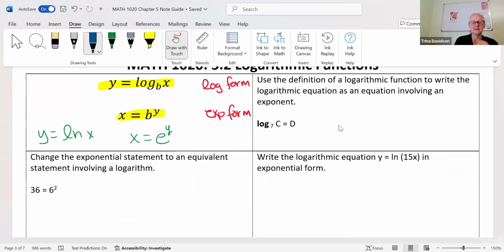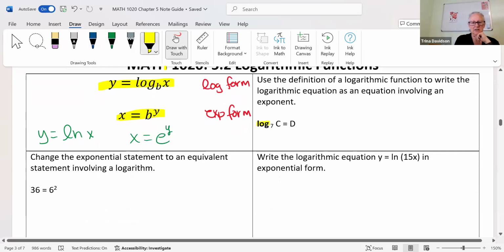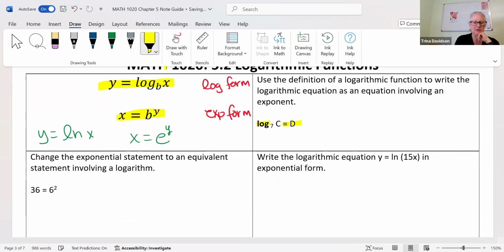We want to write this. This is a log. They want you to write it as an equation involving an exponent. The way I remember it, and you could always look up other ways, is log equals the exponent. So my exponent is the capital D. The 7 is a subscript.